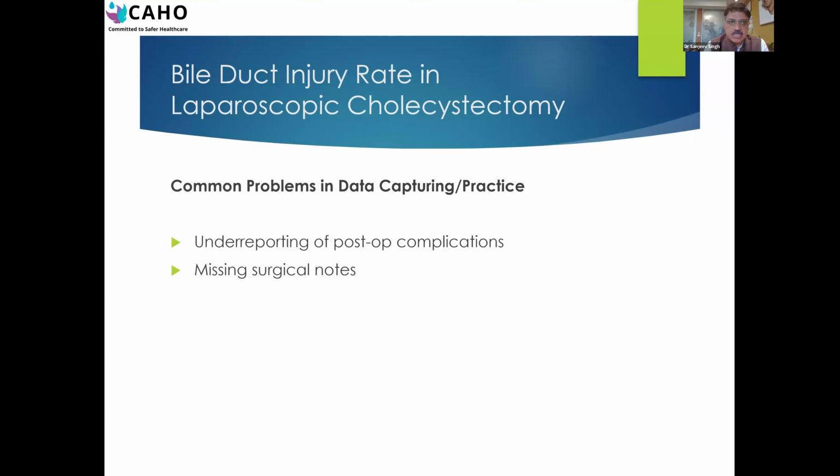Now, there is definitely a problem because surgeons don't report it, and they never claim that there are any complications from the surgical procedure they have done; they say something else could be responsible. That is a cultural issue which needs to be addressed, and within the theater and OT notes, this would be missing.